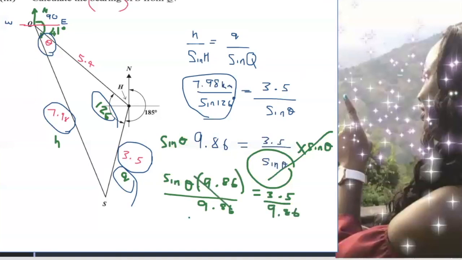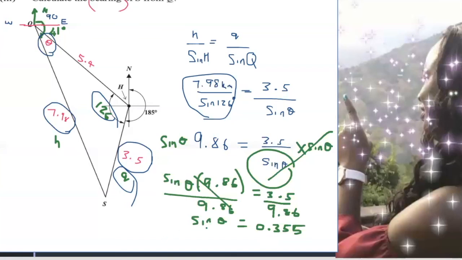This cancels, so I have sine theta is equal to, so now we calculate 3.5 divided by 9.86, and that will give me 0.35496, and it continues, but I'm just going to say 0.355. I'm doing this to 3 decimal places.